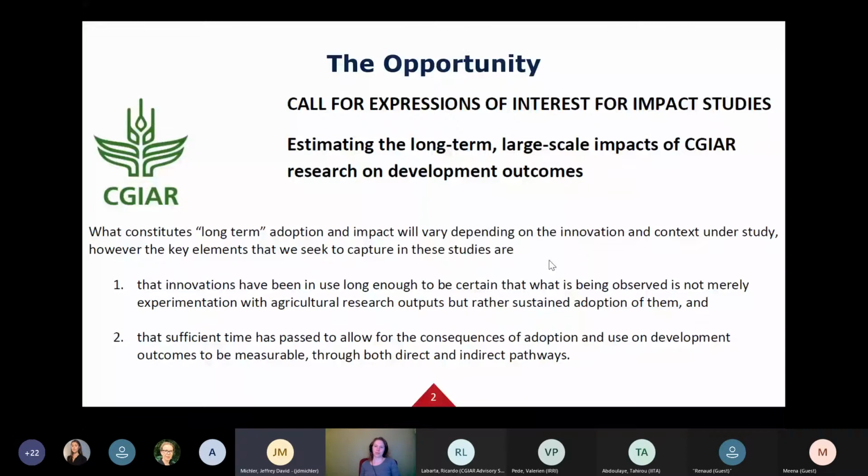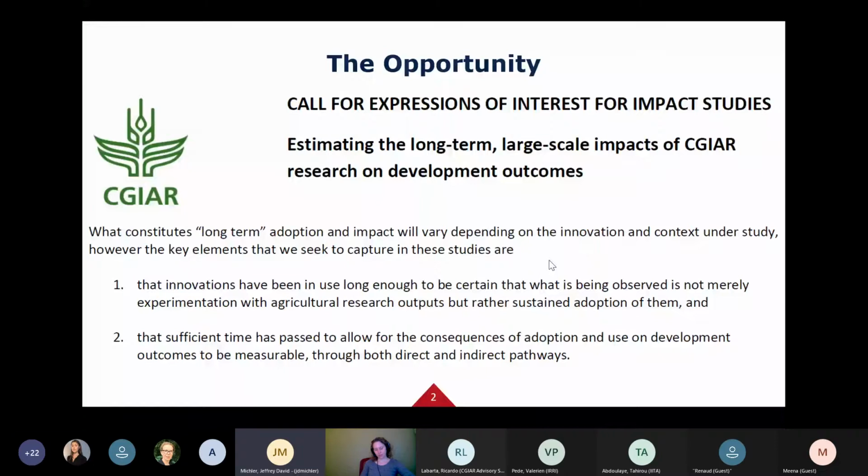And so Carl Hughes presented a month or 2 ago about their successful application to this call for proposals. We also responded to this call, and so we'll walk you through how we've tried to meet this opportunity by thinking creatively about how we can generate data in environments where we lack the typical social science data that we're used to.